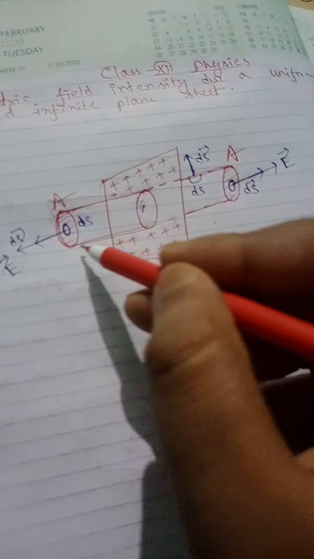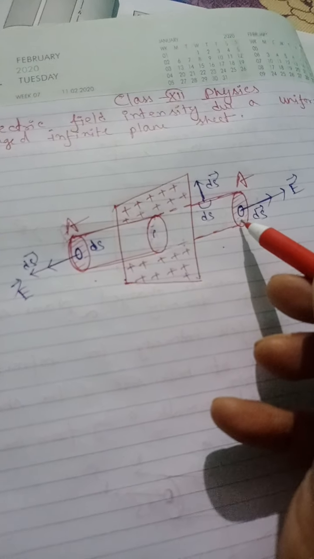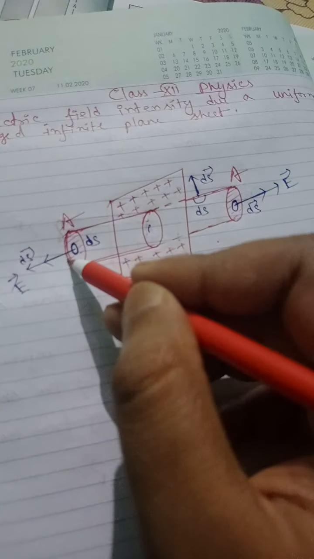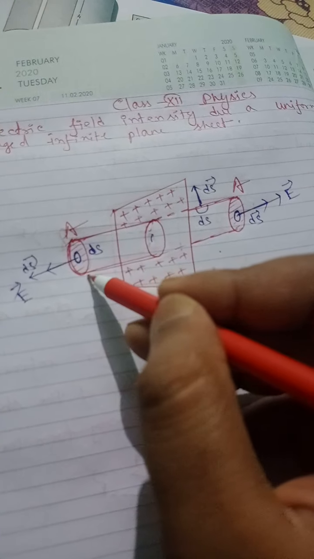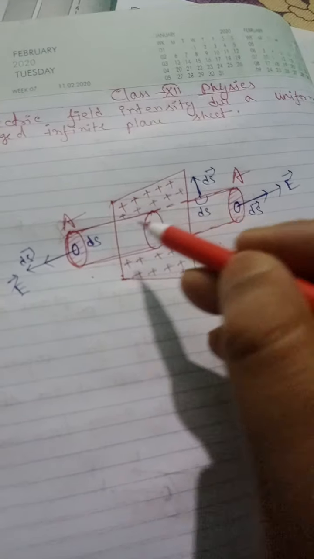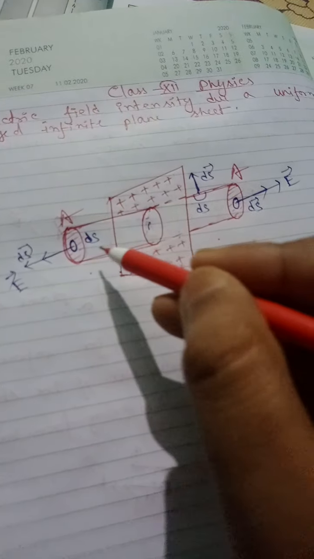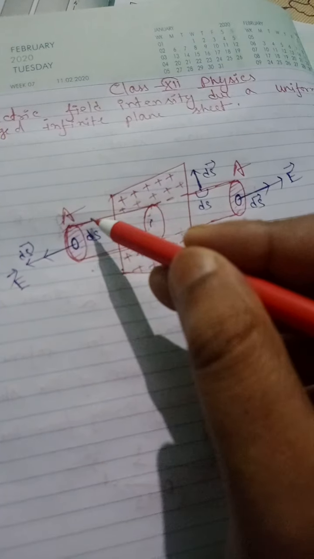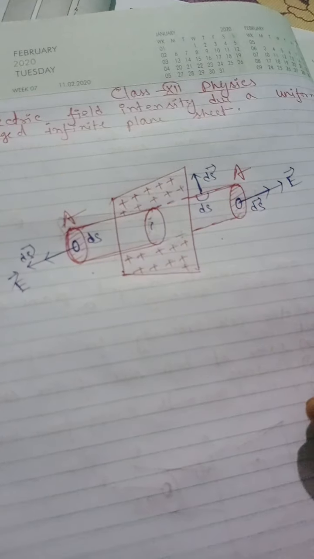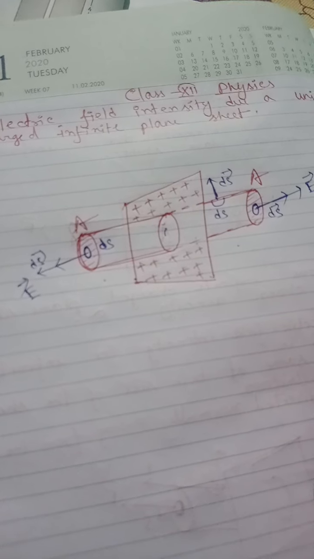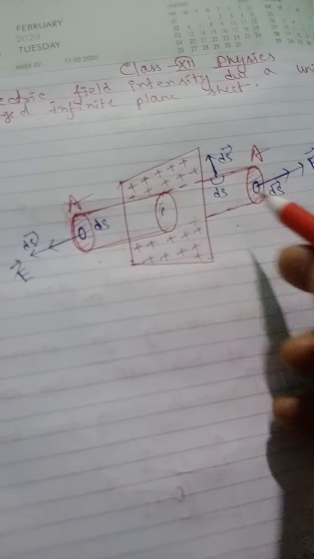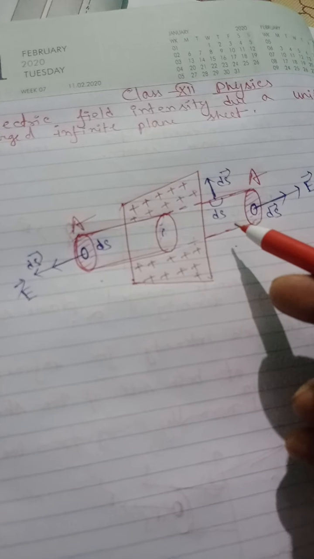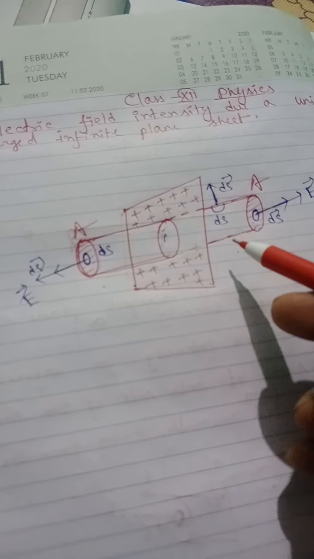Here we imagine one cylindrical surface whose area of cross section is A, and the cylinder passes through the sheet normally, that means the wall of the cylinder and the sheet are mutually perpendicular to each other. So this cylindrical surface is the Gaussian surface we assume.